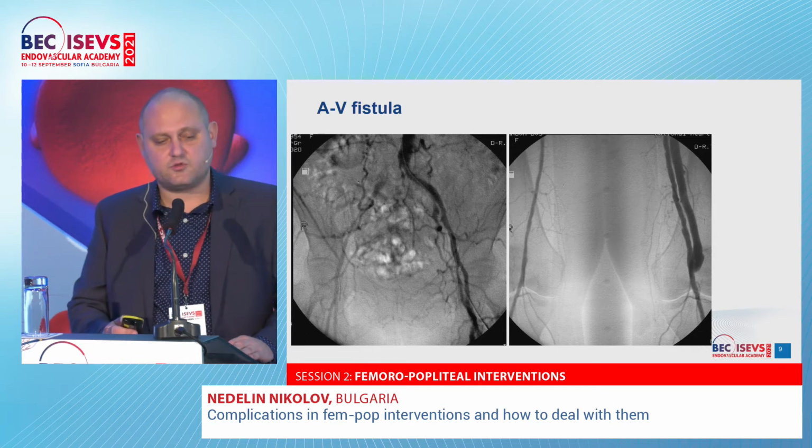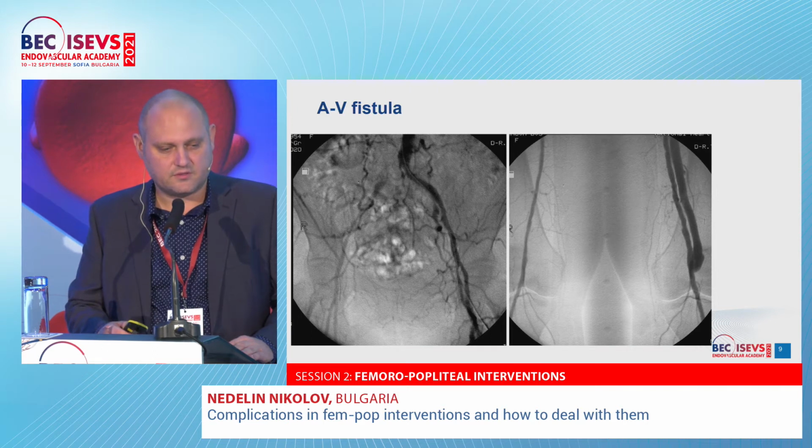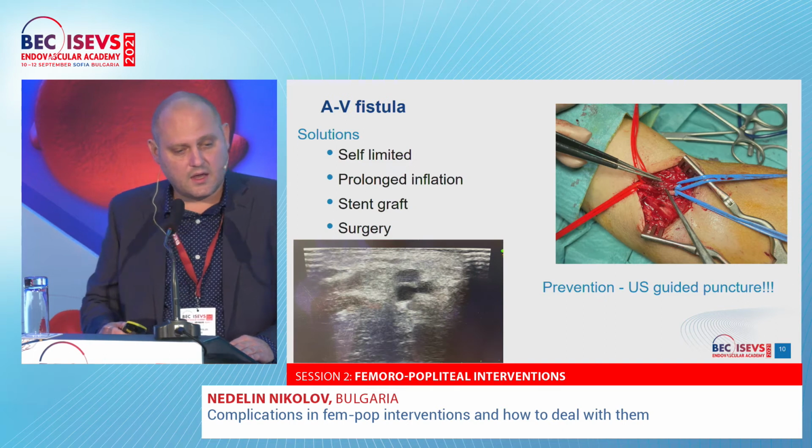Unfortunately, this has to be done surgically. You can put a stent graft, but it's an implant, it's no good. This is an operation of 20 minutes, so no problem with closing this AV fistula.